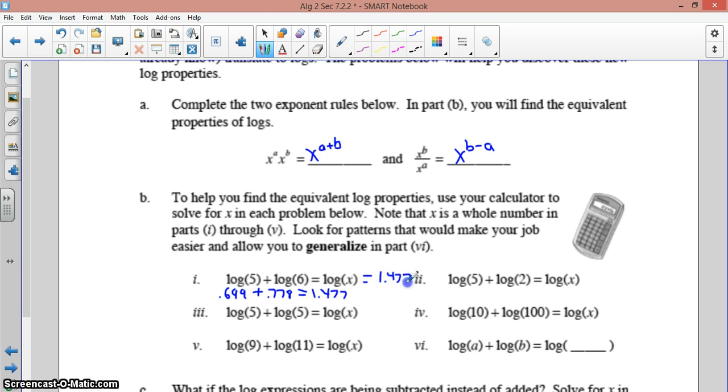If you recall, this is log, so that's a base of 10. So if I do my circle dance and do 10 to the 1.477 power, in my calculator that gives me an x value of 29.99. So basically we round to 30.